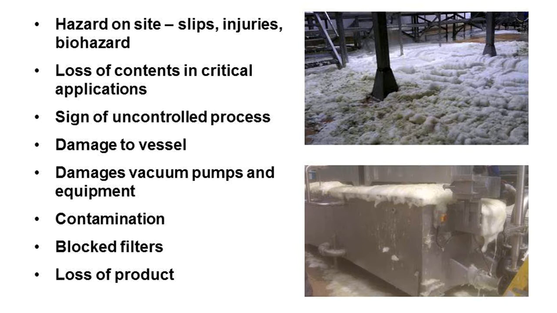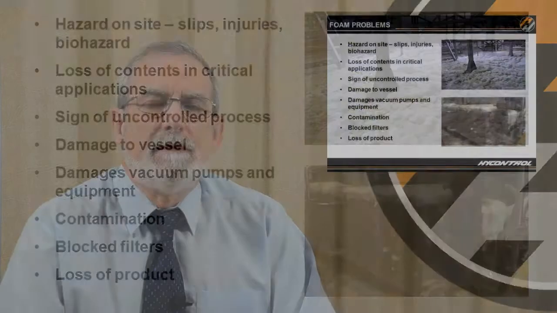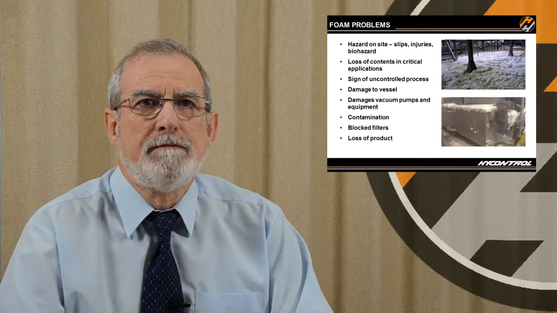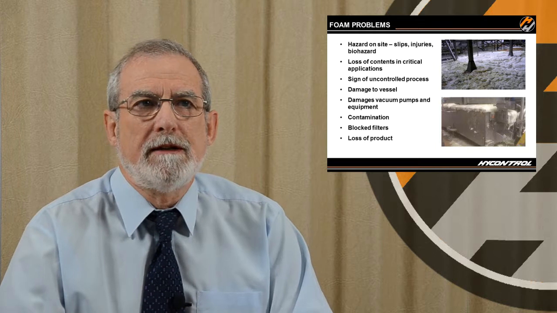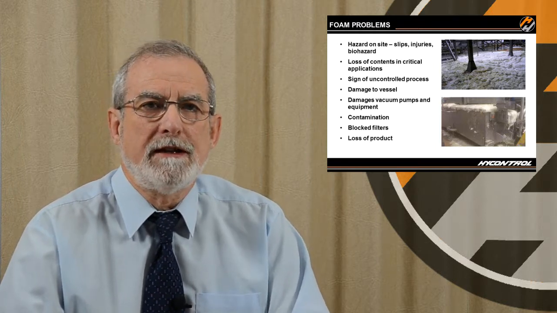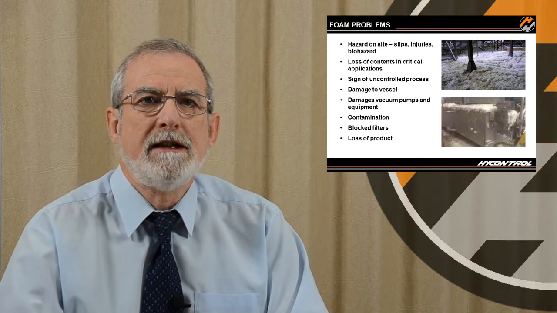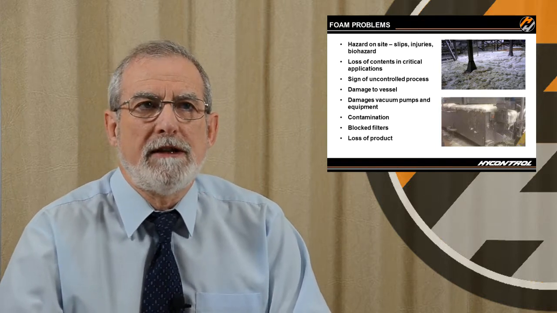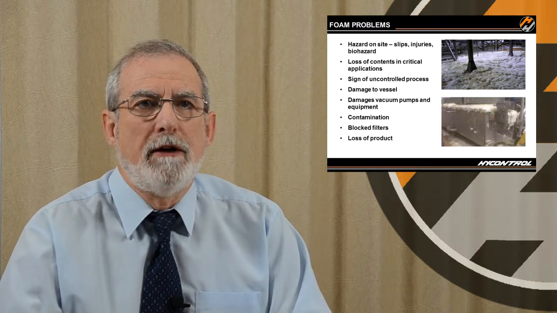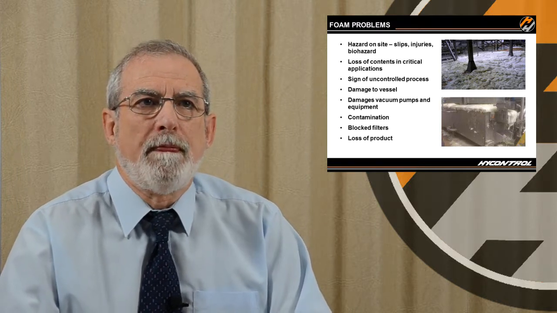So here are some pictures showing foam when it's out of control. Inevitably, if it's leaking out and spilling on the floor, which is a big problem, it can cause slips and injuries. People slide about, it gets in the way, it makes a mess. It might carry contaminants and present a biohazard in effect.